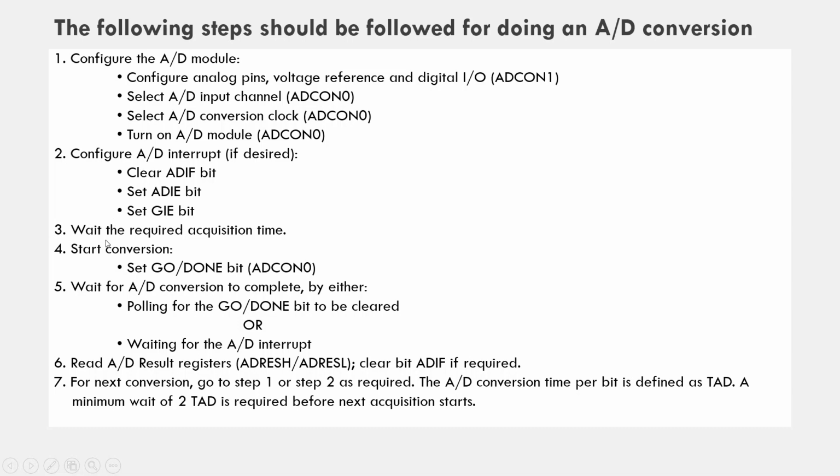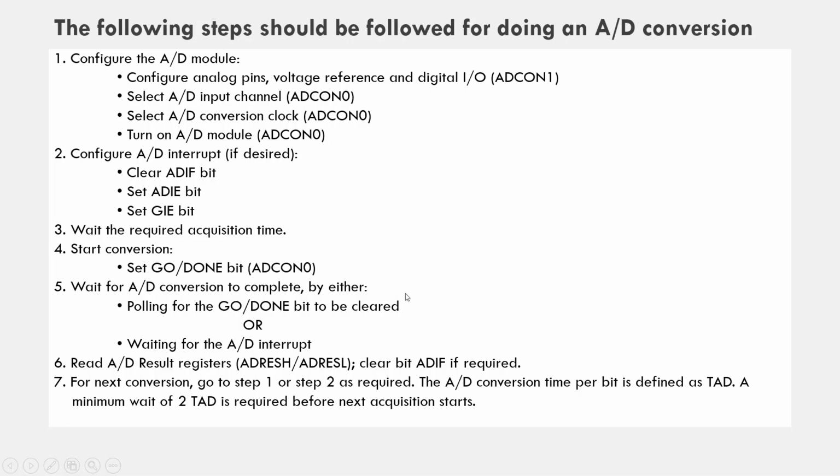Step number 3: wait the required acquisition time and then start the conversion. To start the conversion, we have to set the GO/DONE bit in ADCON0. Then wait for the analog to digital conversion to complete, either by polling for the GO/DONE bit to be cleared, or, in case of an interrupt, by waiting for the ADC interrupt.